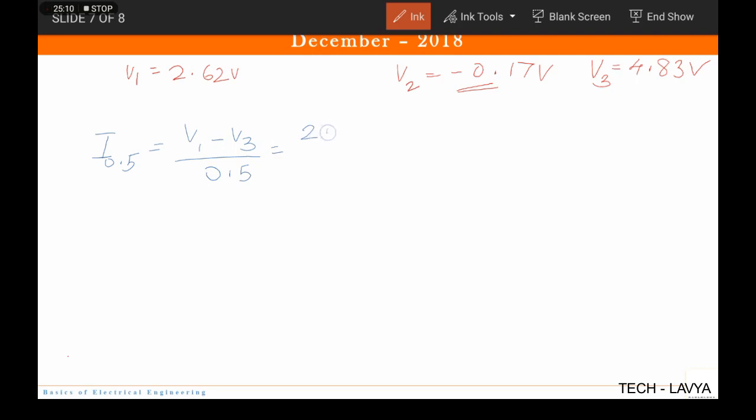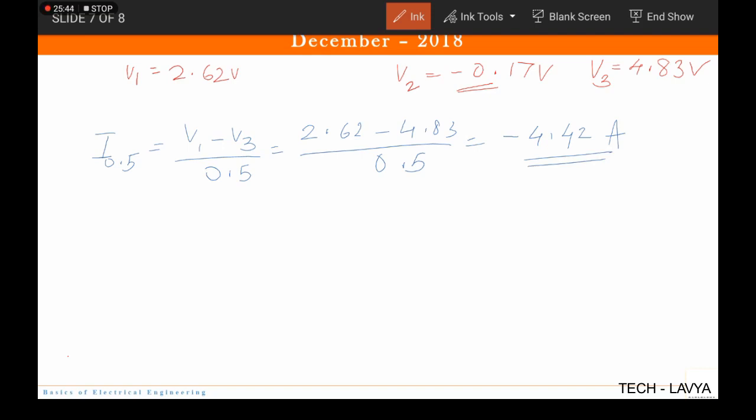So it will be 2.62 minus 4.83 divided by 0.5. So it comes out to be minus 4.42 amperes.